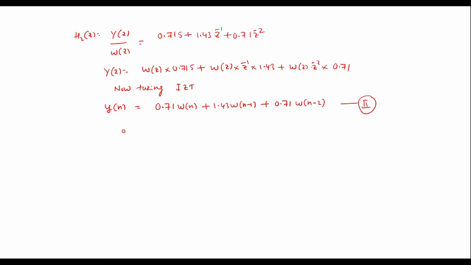Now using 1 and 2, we can directly draw the structure. Say we need one adder here. So let this be x(n), this be y(n), and this be the intermediate result, that is w(n).